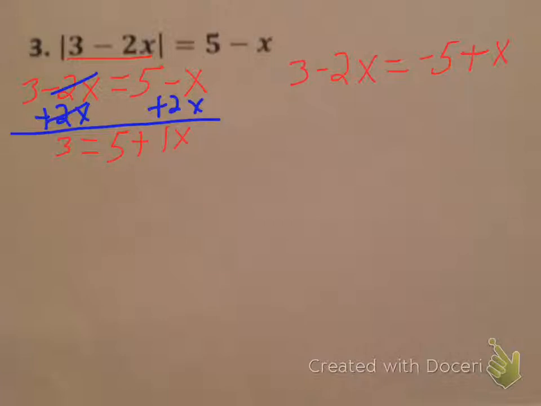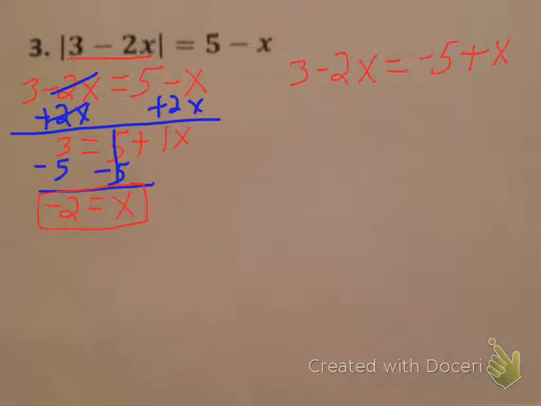So now I want to get the x by itself. So I'm going to go minus 5, minus 5. The 5's cancel. 3 minus 5 is a negative 2, equals 1 times x, which is just x. So the answer there is just x equals negative 2.